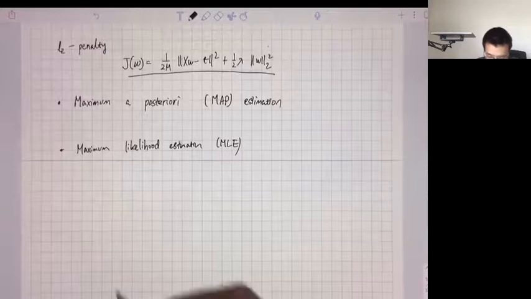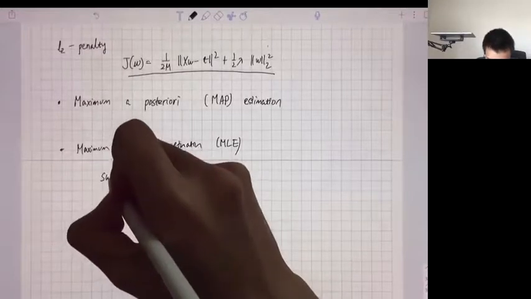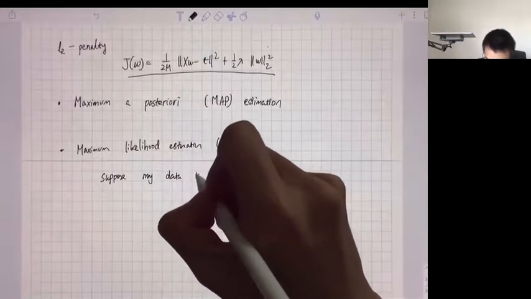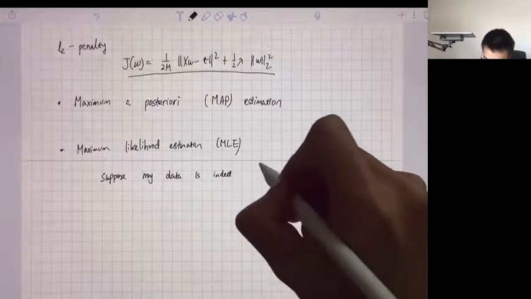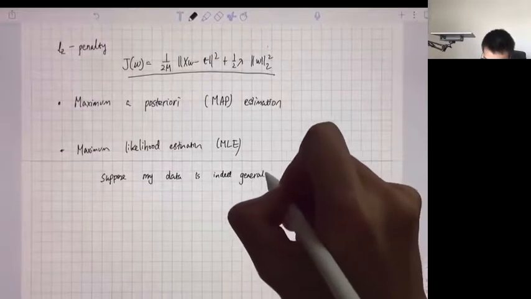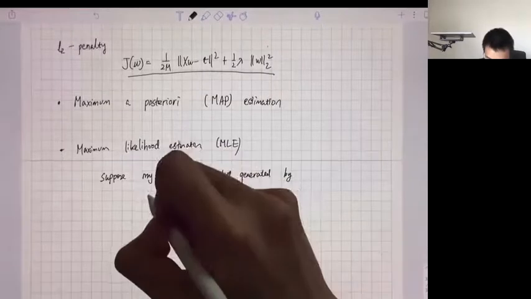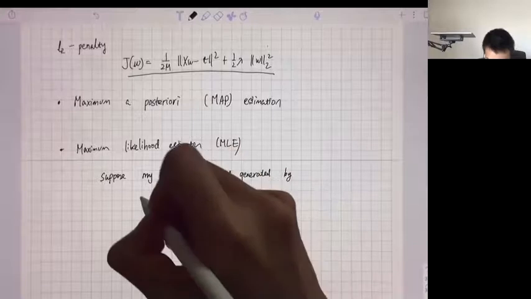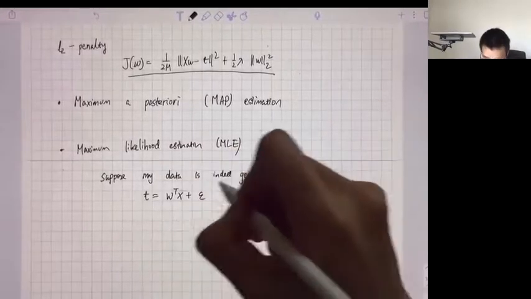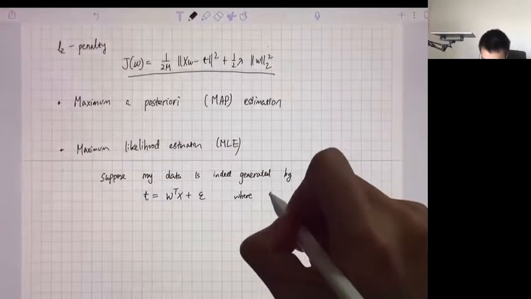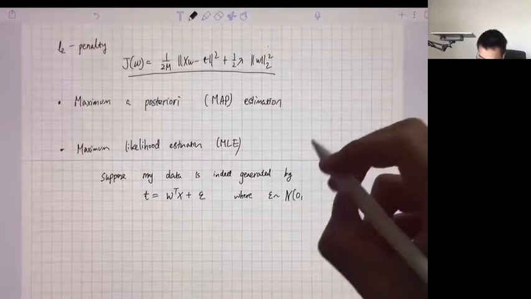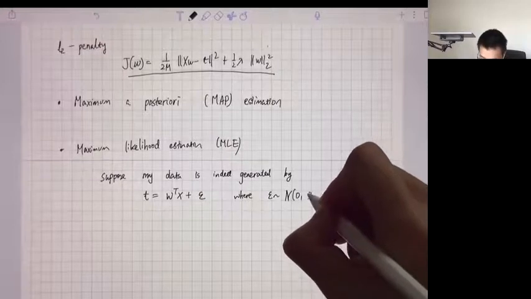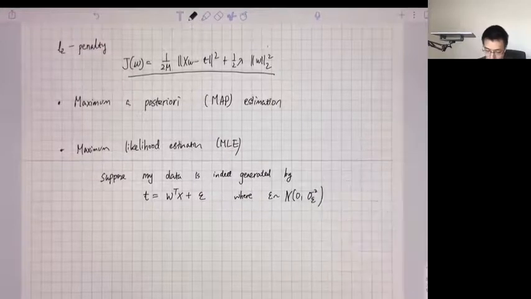The assumption for MLE is suppose my data is indeed generated by a linear function, W transpose X plus epsilon. It's my target, where epsilon is sampled from a zero mean distribution with variance sigma epsilon square.